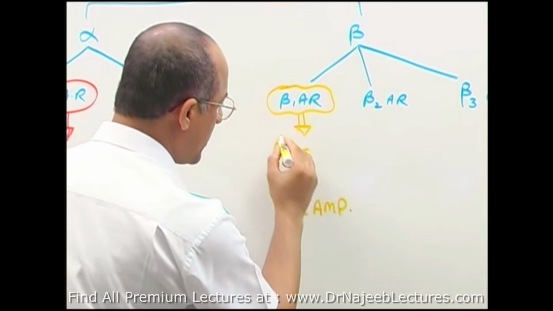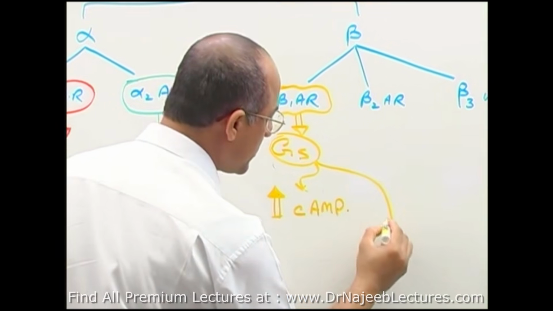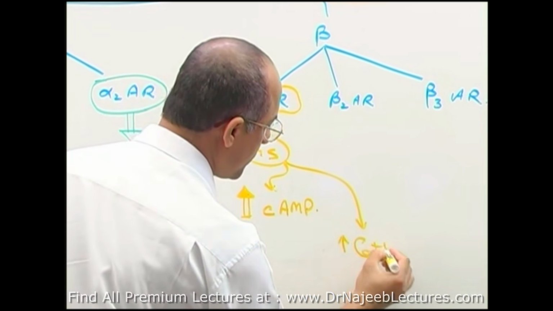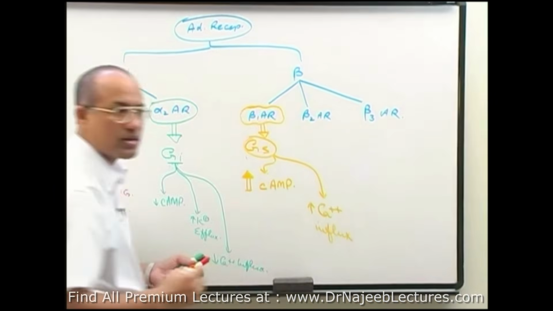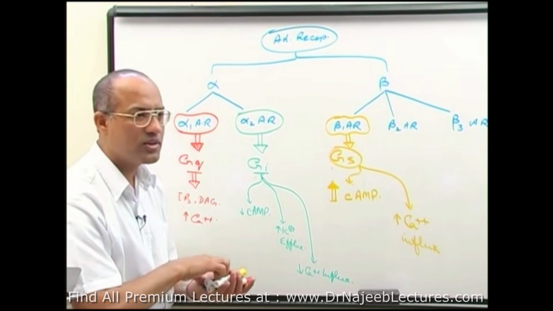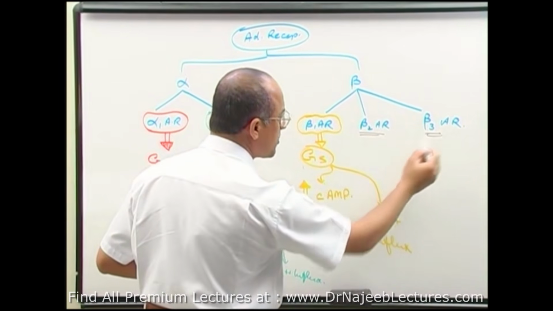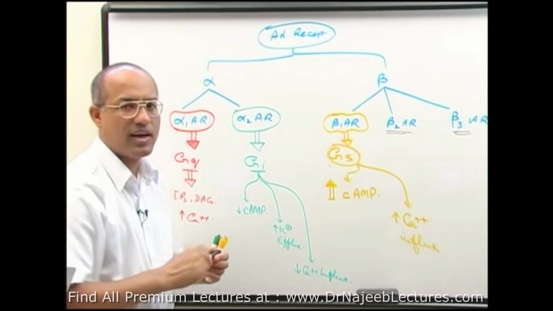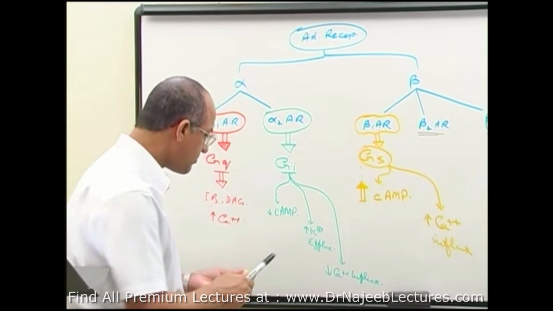G stimulatory has two activities. One is this, and the other is increased calcium influx. And the good news is that the beta 2 receptor mechanism and beta 3 receptor mechanism are the same as beta 1. Any question up to this? There is no question. That's it.